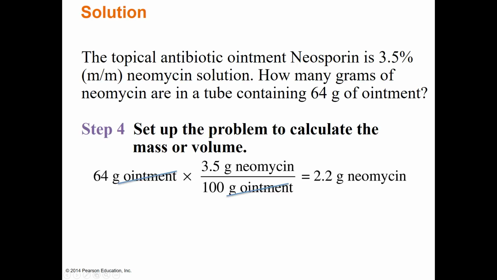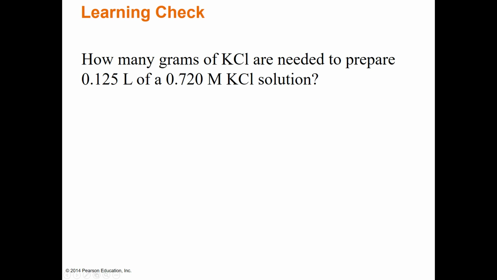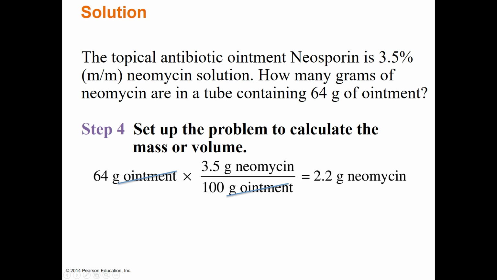And the solution here is the Neosporin, because the antibiotic has to be in some base. The total mass of the ointment is 100 grams. 3.5 grams of it is going to be the neomycin. If you have 64 grams of the ointment, then you can use the conversion factor, and this cancels. And 64 times 3.5 will give you the mass of neomycin that's going to be in there.